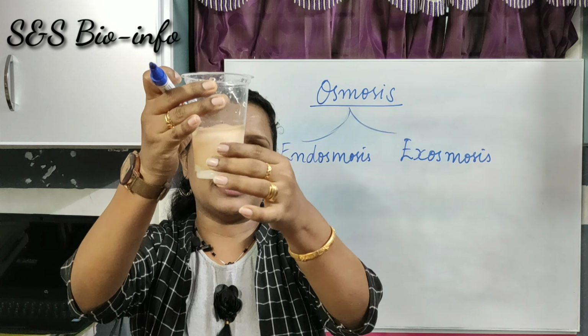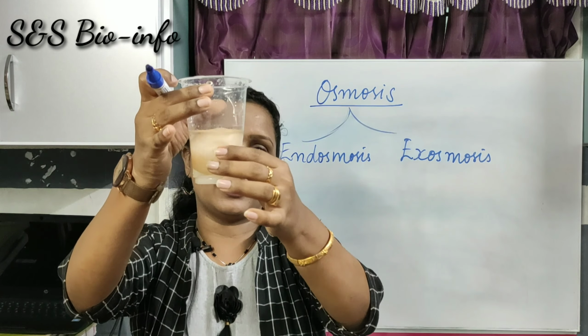So I have got a shrunken egg. So here what happened? The movement of water molecules from the cell to the surrounding medium. That is exosmosis. The movement of water from the cell to the surrounding medium is known as exosmosis. So did you get what is endosmosis and exosmosis?